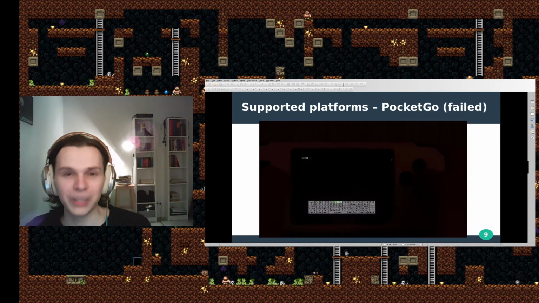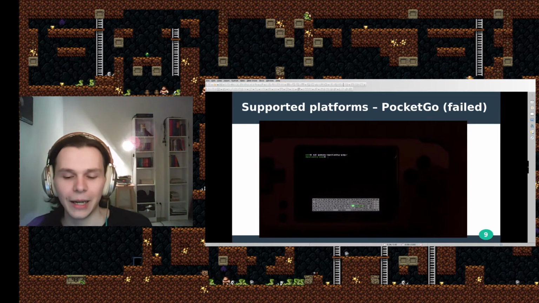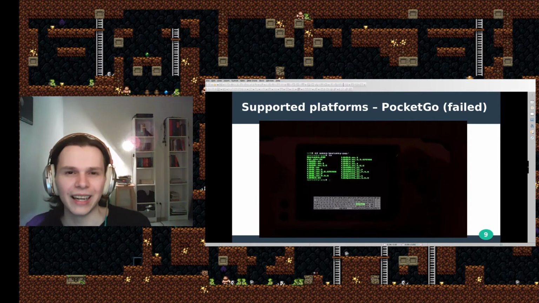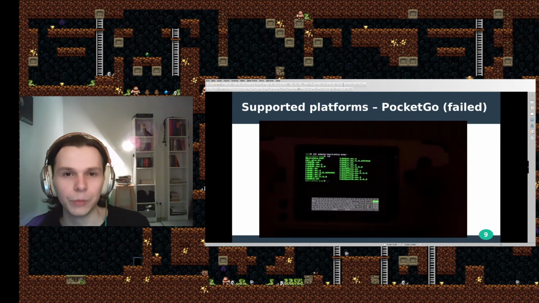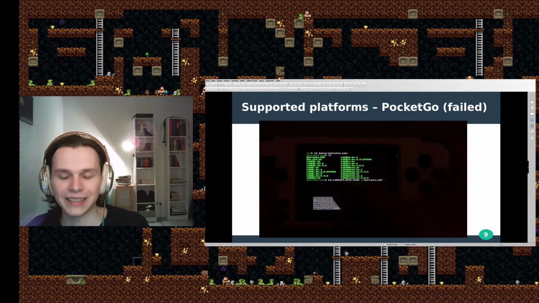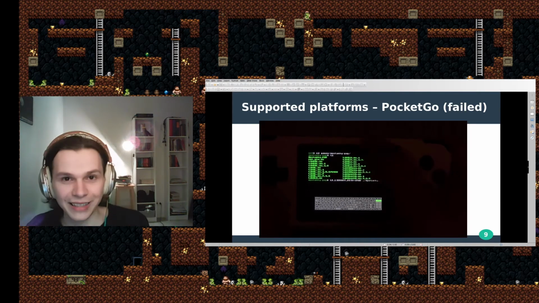And the last platform that I tried to support but ultimately failed is Pocket Go. If you don't know it, it's a Linux-based device with 32 megs of RAM and a pretty obsolete ARM processor. The major difference compared to the PSP is that there is no GPU. Well, PSP has a GPU, Pocket Go doesn't, and Spelunky PSP utilizes OpenGL.